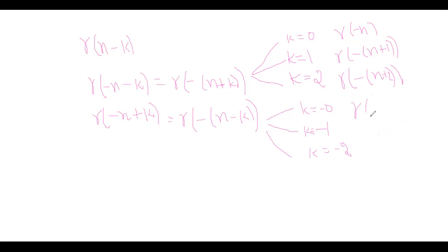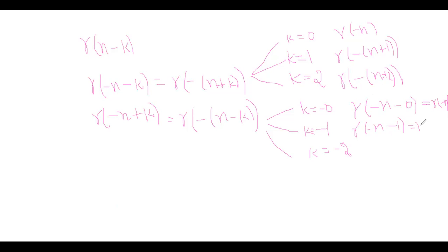This is R of minus n, and k is a negative value, k is minus 0. This becomes also R of minus n only. And R of minus n, k is minus 1 here. K is minus 1.